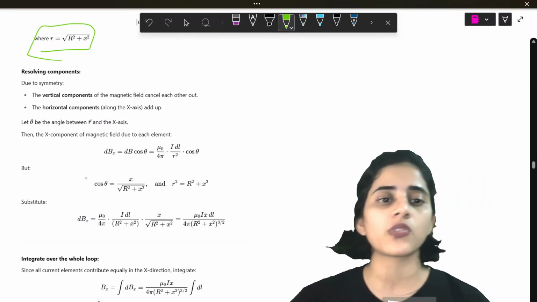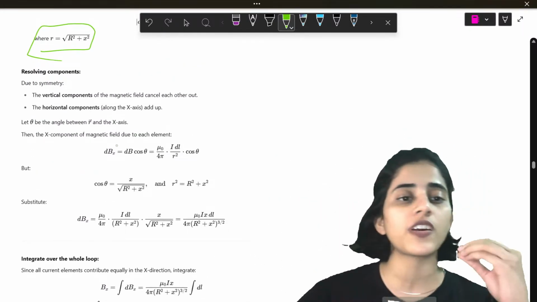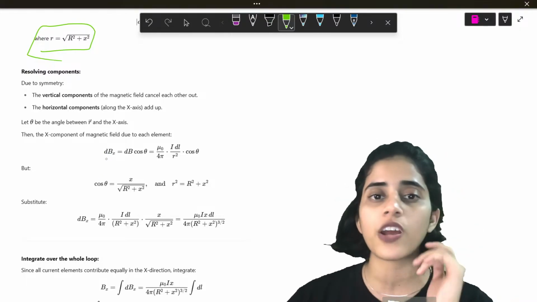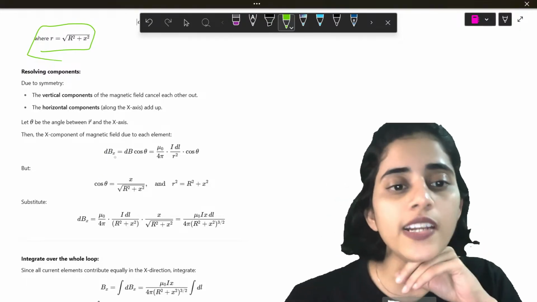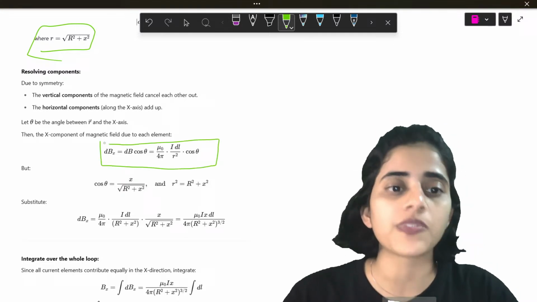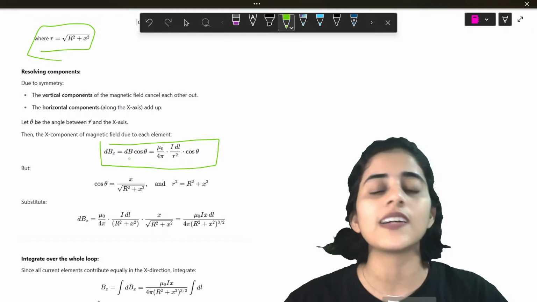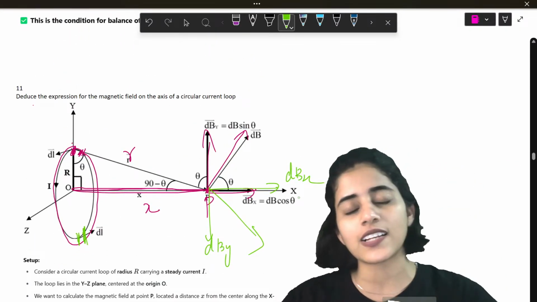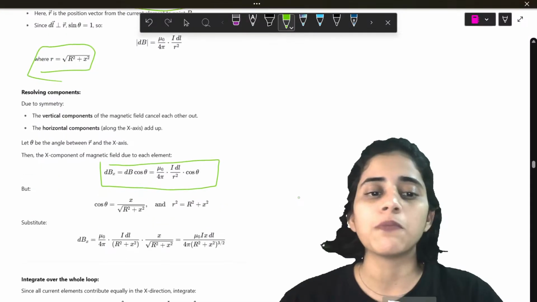Now you find out the components. As I said, y components cancel, so you don't have to consider them. You only take the x components. So you take dBx. And what is dBx going to be? The x component along the x-axis is always going to be dB cos theta.